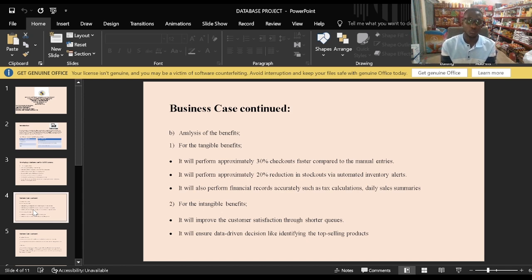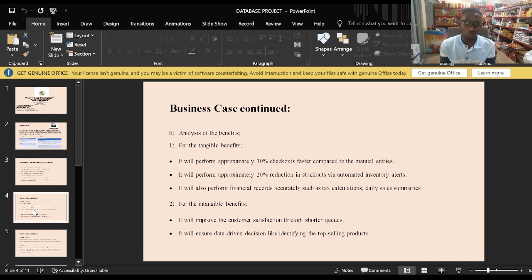By the time a person writes a receipt manually, a person who is using a system will have already finished two people, as the other person is writing one receipt for one customer. Another point, it performs approximately 20% reduction in stock-outs via automated inventory alerts.